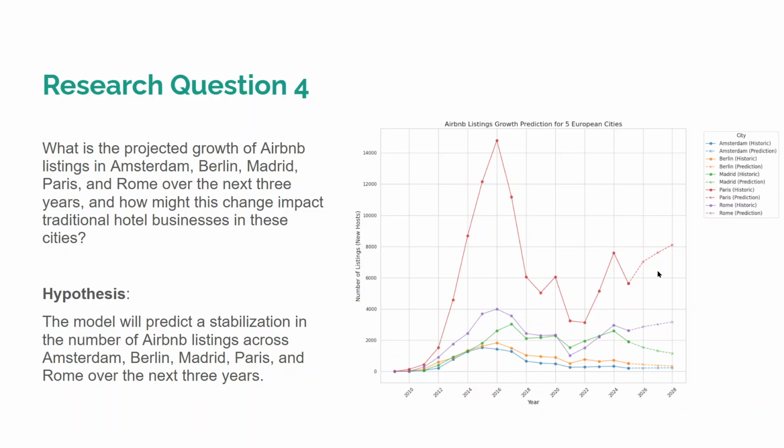And here I have used a predictive model to predict the future trend. As you can see, it's starting from 2025. It's a prediction, and that's historic data before 2025 and prediction after 2025. I have used an exponential smoothing model, which predicts the future number of listings.